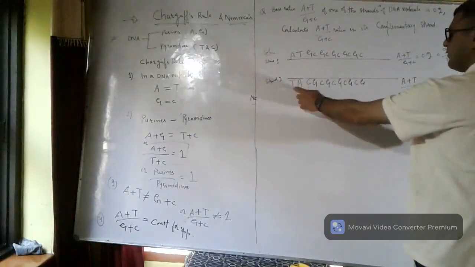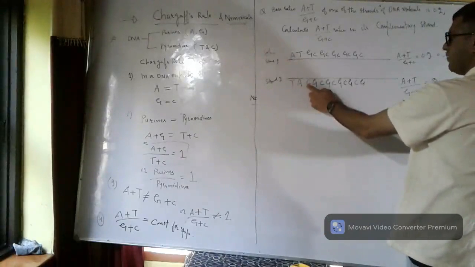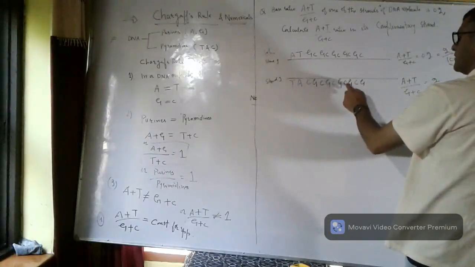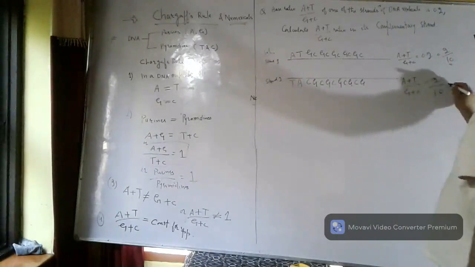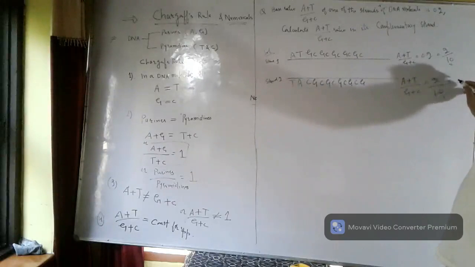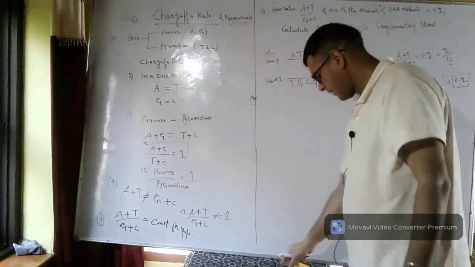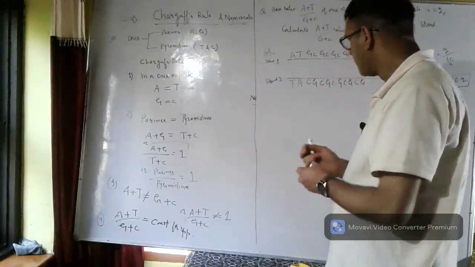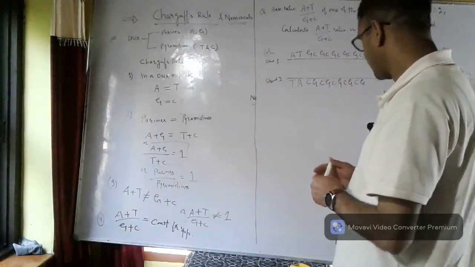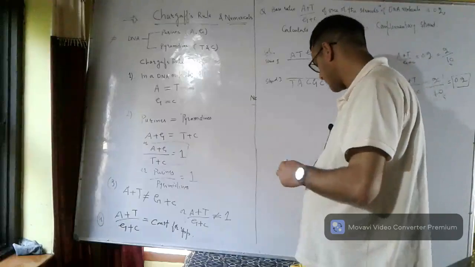That means adenine, thymine is 2 divided by guanine, cytosine 10, so it is equal to 0.2. So remember that this was another numerical.